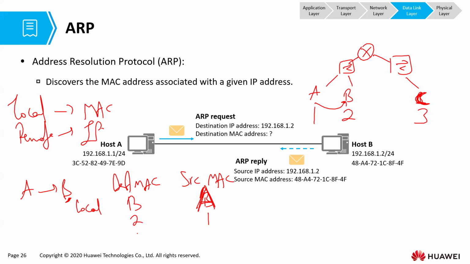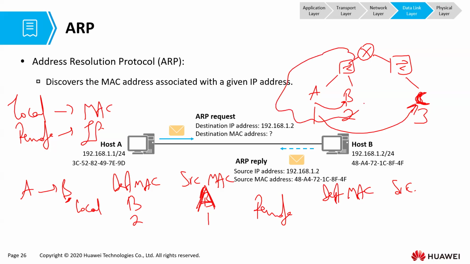If I'm sending remote, however, let's talk of destination MAC, source MAC. For example, from A to C. That's remote. Why remote? Because we are sending from one network to another, each network is within its own. That's remote.